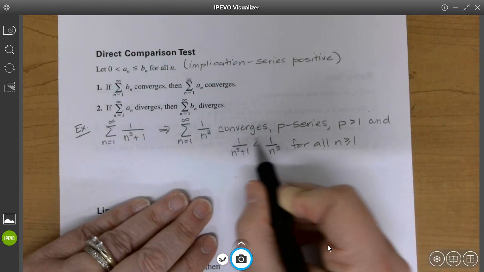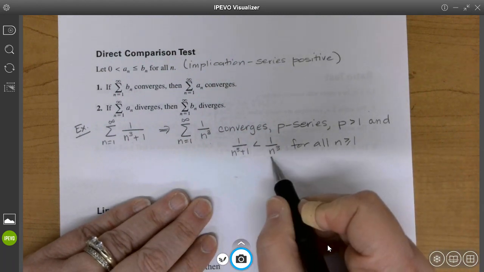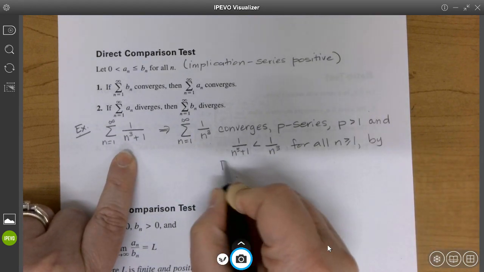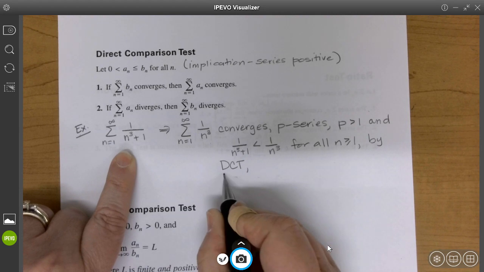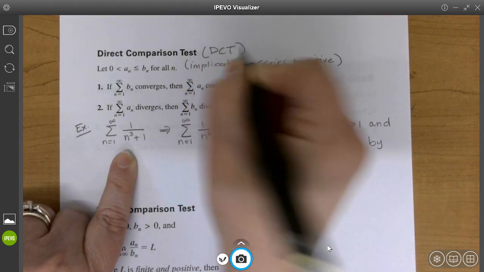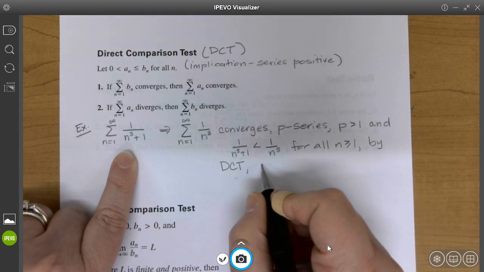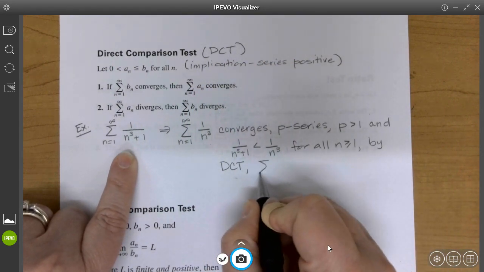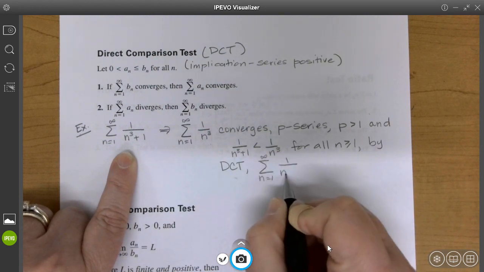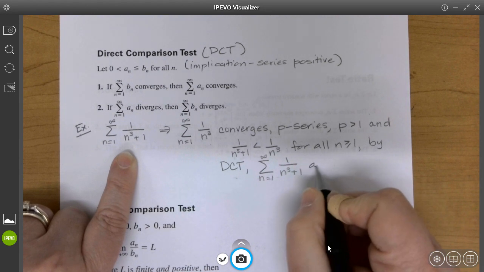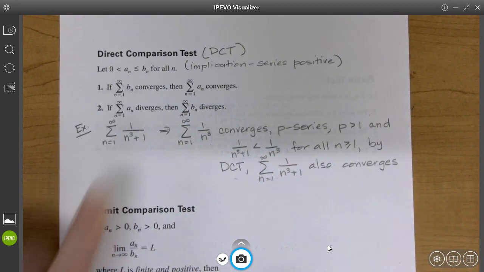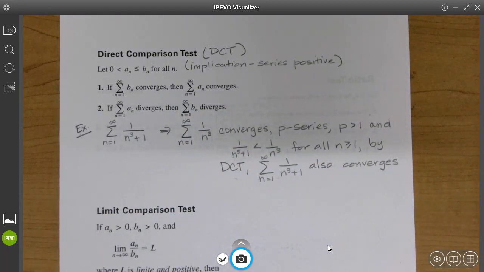So since we know that this one converges and the terms are smaller than the series I want to compare it to, I can say by direct comparison test, right? Because I can use the abbreviation DCT. I can say by comparison, the sum from n equal 1 to infinity of 1 over n cubed plus 1 also converges. Okay, so that's an example for the direct comparison test.